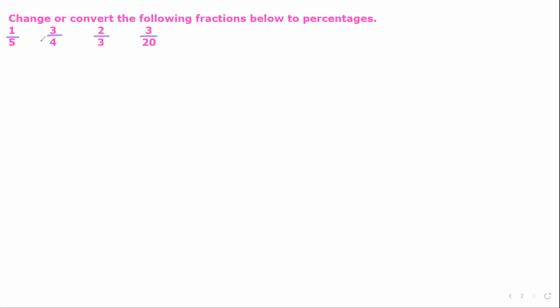Then you attach the percentage to that, because you can't leave your answer in fraction form. That is why we are changing the entire fractions here to percentage. Your answer will be either a whole number or decimal fraction, okay? And then you attach the percentage to that. So let's solve this one, and let me write the solutions here.